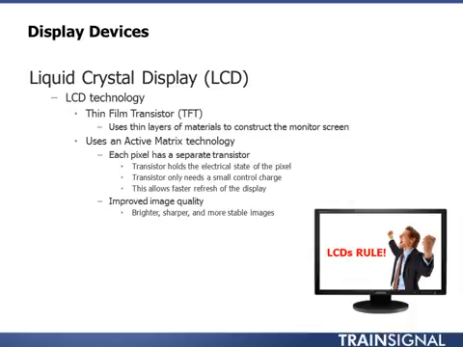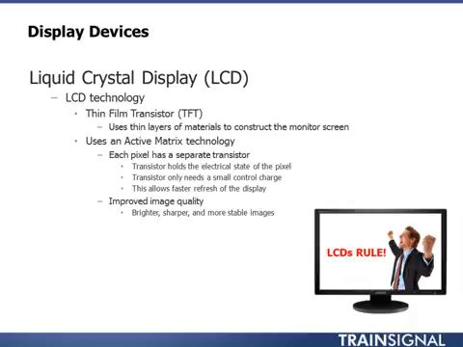So now the technology itself. You have something called thin film transistors, TFT, which uses thin layers of materials to construct the monitor screen. This is why we have much thinner monitors than the CRTs, where we had this big tube and we had to have all that area so we could shoot the rays and have them deflected. Well, we don't have that anymore with LCD.